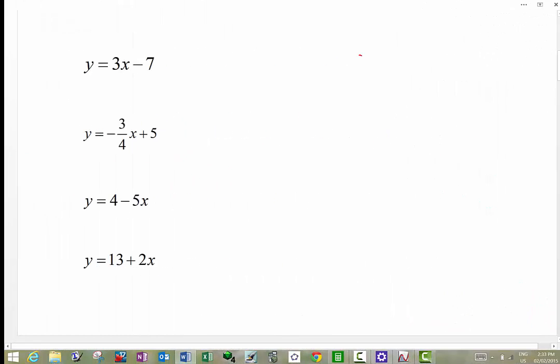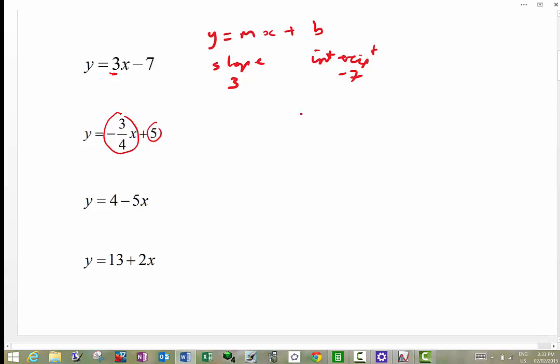Okay, let's see if we can figure out the slope and the intercept of these lines. Remember that y equals mx plus b tells us the slope and the intercept. The term in x in the first one is 3, so the slope for this one is 3, and the intercept is minus 7. In the second one we have minus 3/4 x plus 5, so the term in x is minus 3/4, and the y-intercept is 5.